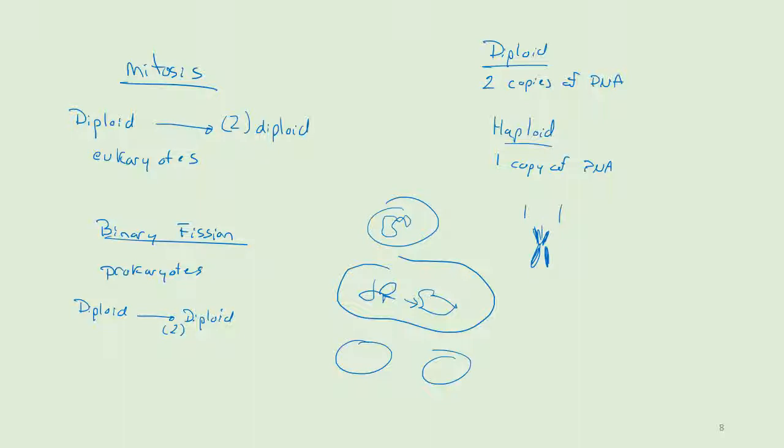It's the worst line ever. But that's one copy. That's the other copy. So that's why when we split it in mitosis and we've got lots of these things, each side is still getting a full set of DNA. Nothing's being shortchanged. So diploid definitely have two copies that are stuck to each other.